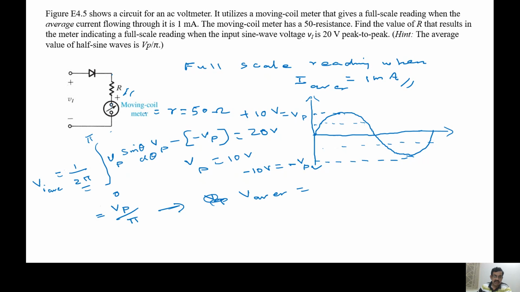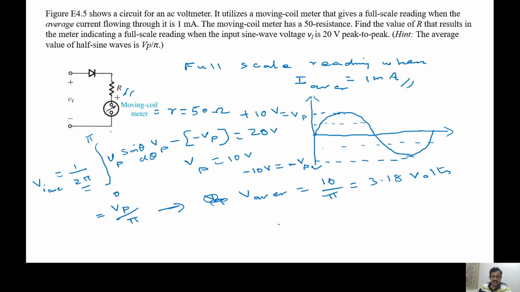That average value corresponding to the entire input will appear across the capital R plus the small r as the voltage drop. So V average here will be 10 by pi, which is equivalent to 3.18 volts. You can check it, because pi is 3.142. If you multiply 3.142 by 3.18, you will get 10. So I am giving the answer straight away.